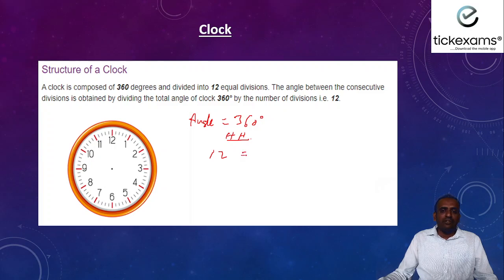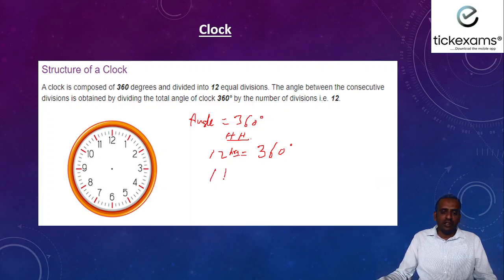So if the hour hand rotates the clock completely, on one complete rotation the hour hand covers 12 hours. Which means how much angle it will cover? 360 degrees. Yes. So for 12 hours, the hour hand will cover 360 degrees.